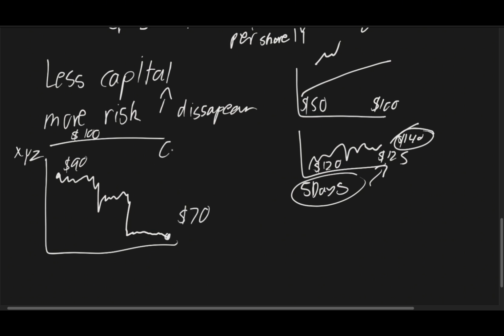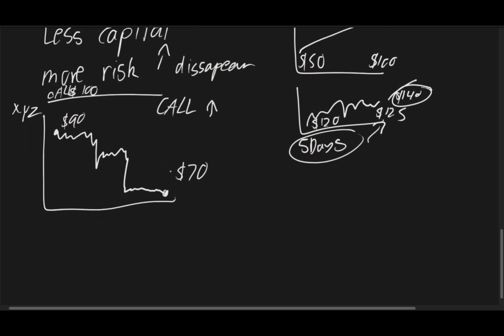And since we're only talking about call options right now, we only profit if the stock goes up. And since the stock went down and we have a call option at $100, we're losing money. Now, the thing we're going to look at is how much money we are losing.